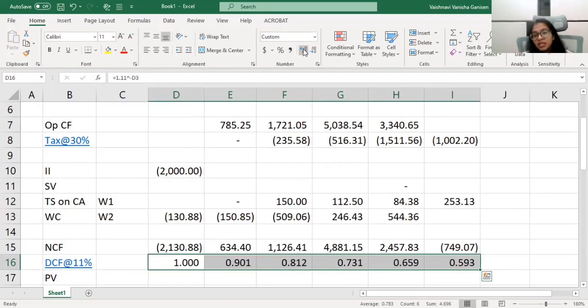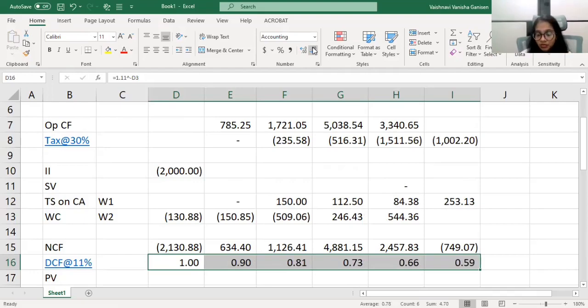Now I want to remind you, if it is shown in 2 decimal place like this, do not bother to make it 3 decimal place. Do not waste time. Your examiner did not say that a decimal place will affect your answer. No. Leave it at 2 decimal place. Leave it there.